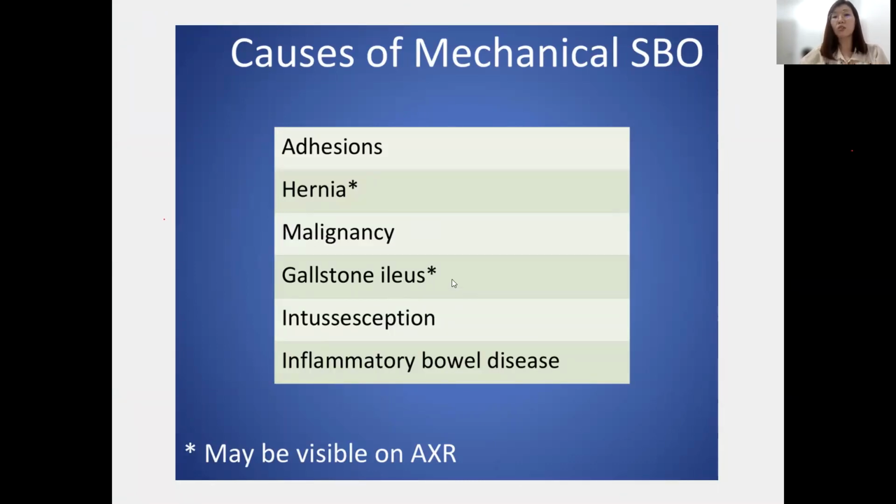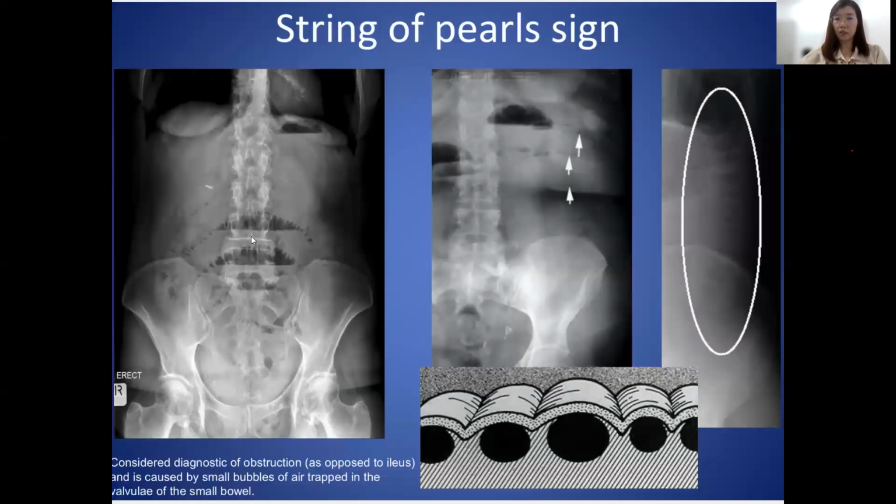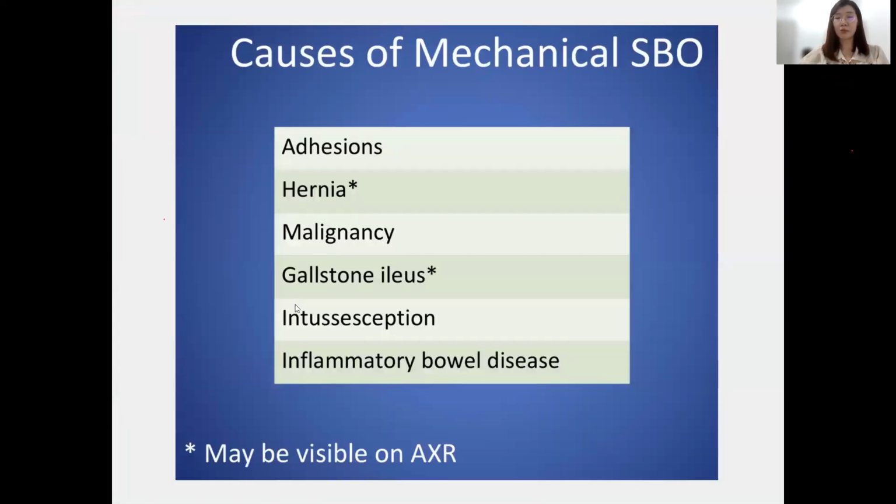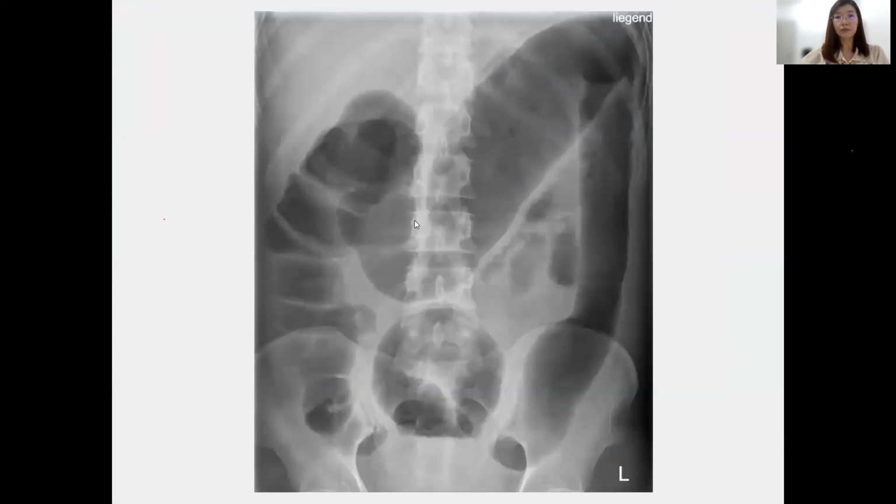Gallstone ileus is common as well for small bowel obstruction. So gallstone ileus, when it happens, normally you will see opacity like stone at the right iliac fossa, always dropped down here, then causing the small bowel obstruction. All right. Then intussusception in a pediatric patient or inflammatory bowel disease. Okay. These are easy one.